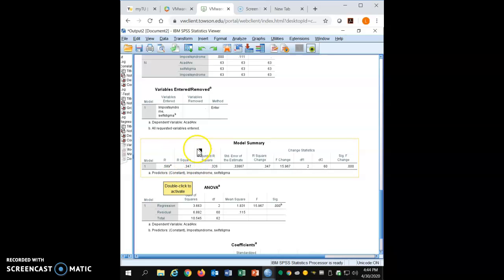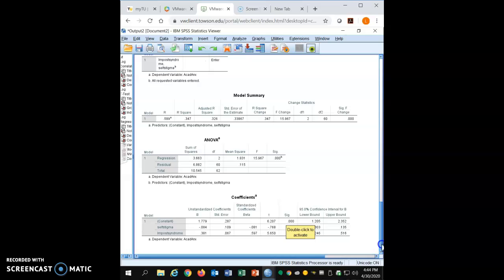We also get R-squared, so what it's telling us here is that about 35% of the variance in academic anxiety is explained by imposter syndrome and self-stigma, okay? And then it's telling us that that effect is statistically significant, all right? And that's the overall test.